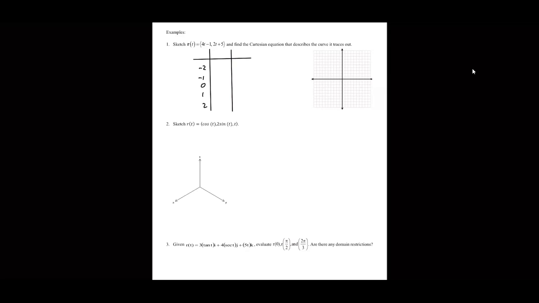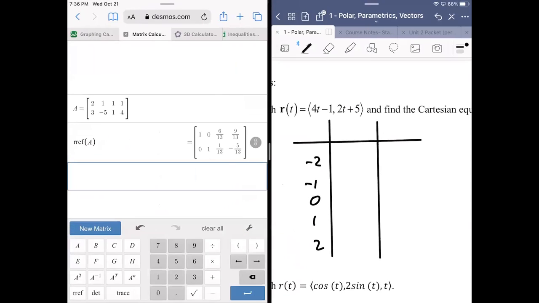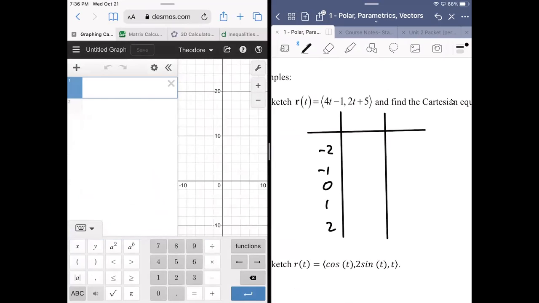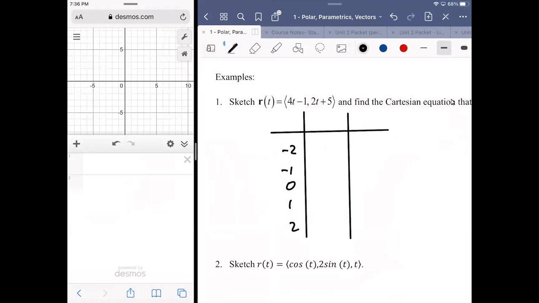We could actually use Desmos to our advantage here. So let me pull up Desmos, the ordinary Desmos graphing calculator. If you do this in table form, so we have t, 4t minus 1, and 2t plus 5 for our different components.